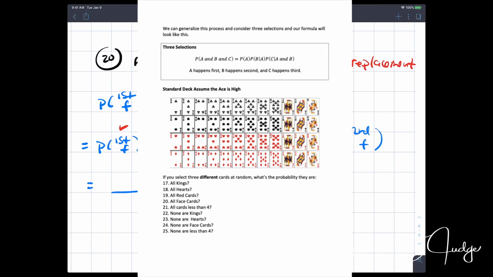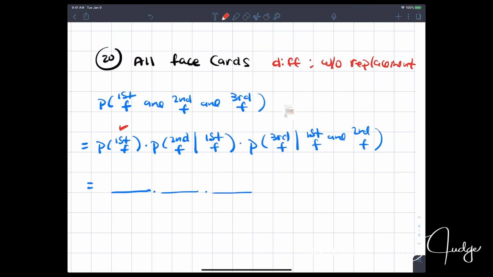So I have 4 types. I have clubs, spades, diamonds, and hearts. For every type, there are 3 face cards, the jack, the queen, and the king. So 3 plus 3 plus 3 plus 3, or 3 times 4, is going to be what? How many cards are face cards again? Cards with human faces. The answer is 12 cards. 12 out of the 52 have faces.